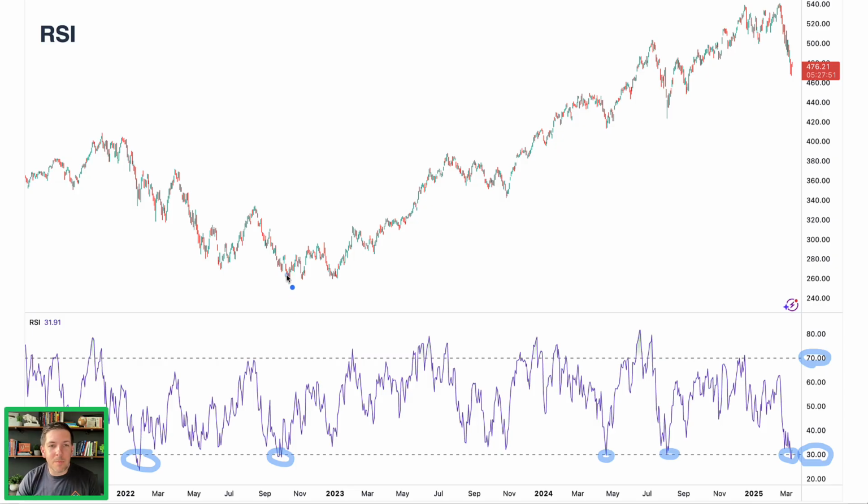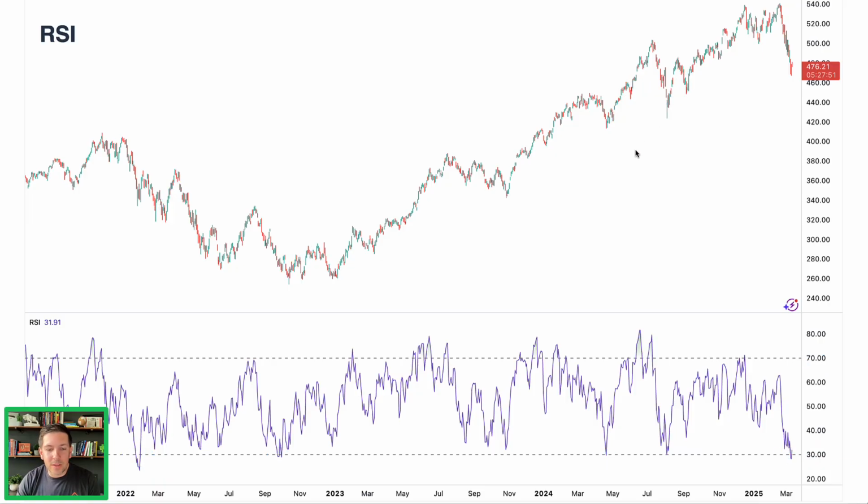When it did, most of them were good signals, at least in the short term, where they signaled some short-term reversals in the market. This is not going to be your trend indicator. It's not showing you a long-term trend. It's more of a, hey, what's going on in the last price action? Like, is price action going a little bit too aggressive in one direction or the other? And you can see, broadly speaking, these were good opportunities to get into the market. They're not perfect, but they're pretty good opportunities.